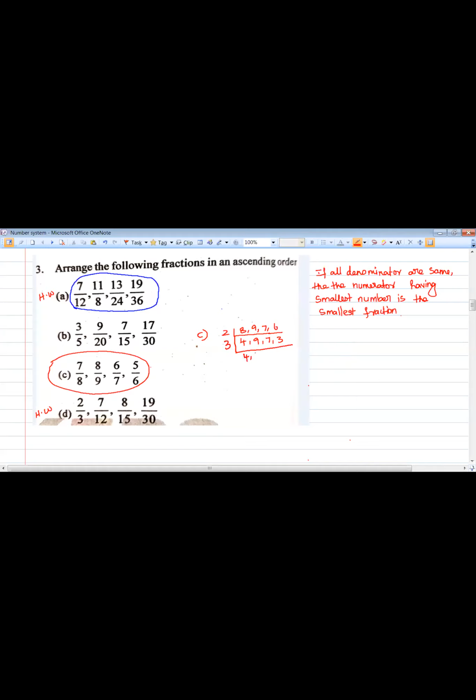So this becomes 4, 3, 7 and 1. So now we have to multiply. 2 into 3, 6. 6 3s are 24. 24 into 21 gives 504. So 504 is the LCM.